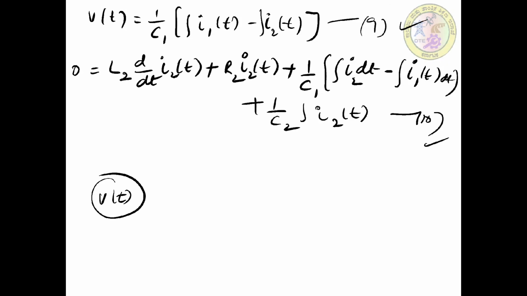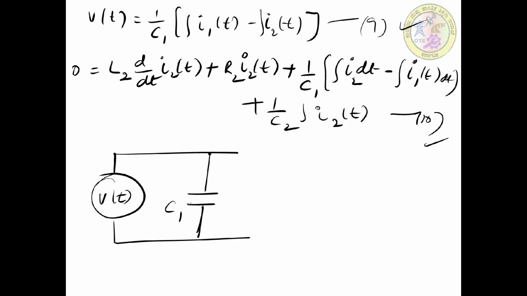Then one capacitor is there, and through the capacitor we have the difference of current flowing, I1 minus I2. So this capacitor will come in between two loops. As it is I1 minus I2, this loop current is I1 of t, and in the second loop we have I2 of t current flowing.